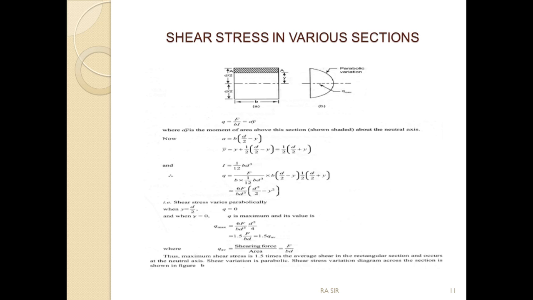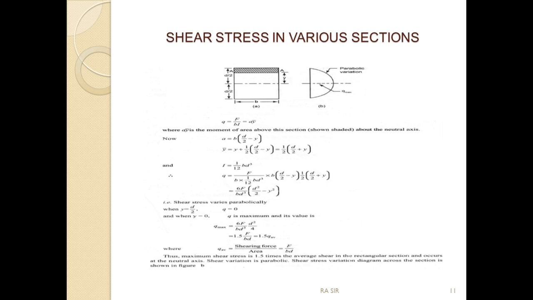So A will be derived as A equals b into (d by 2 minus y), and y bar is the maximum distance, so y bar equals y plus 1 by 2 (d by 2 minus y), which equals 1 by 2 (d by 2 plus y).